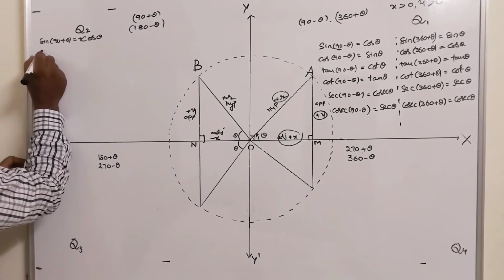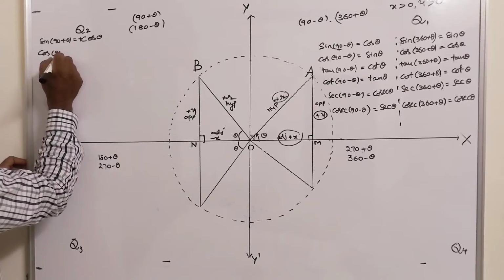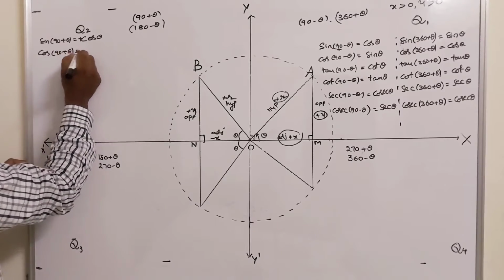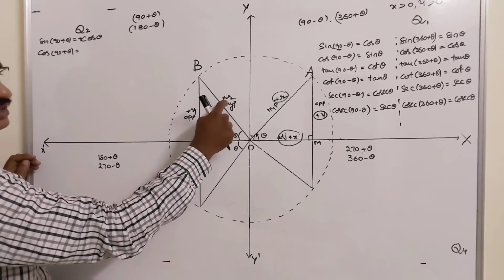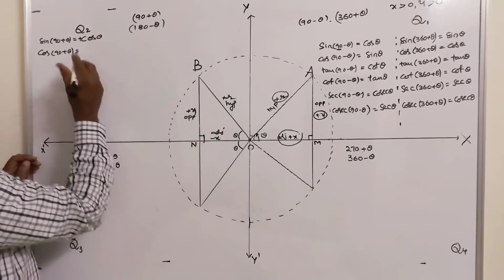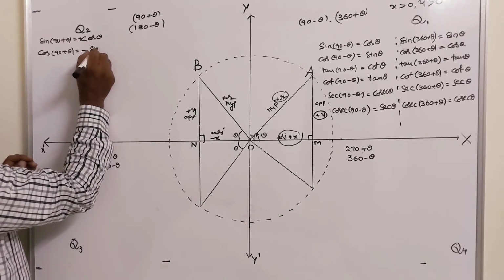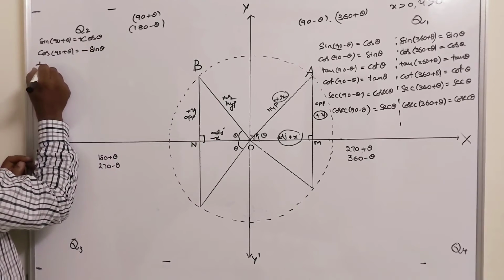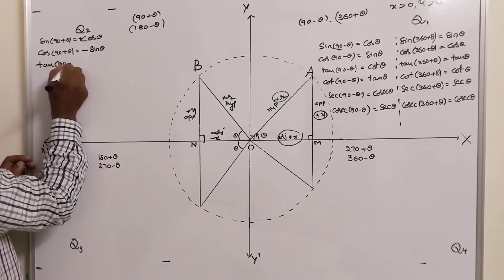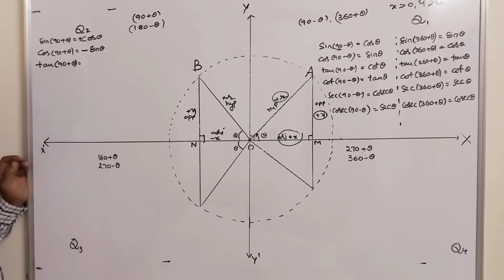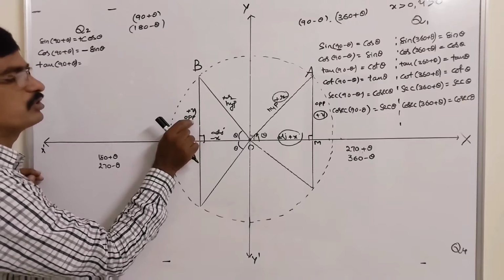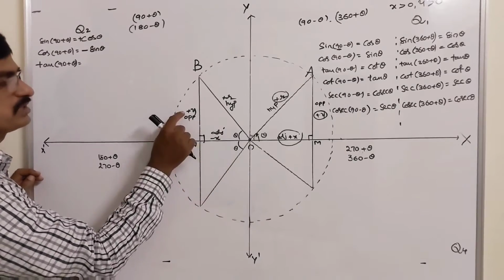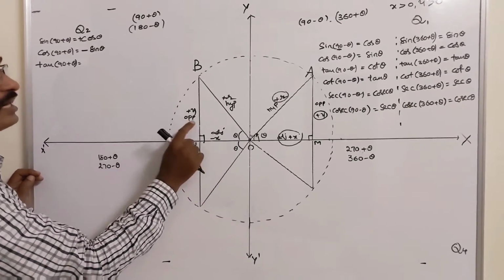Okay. Next, cos of 90 plus theta. Cos of 90 plus theta is adjacent side by hypotenuse, that is minus by plus, that is minus sin theta. Next, tan of 90 plus theta is equal to opposite side by adjacent side, plus y by minus x, that is minus of y by x.